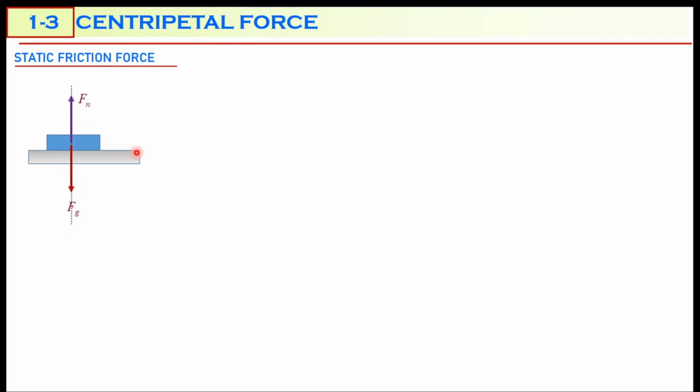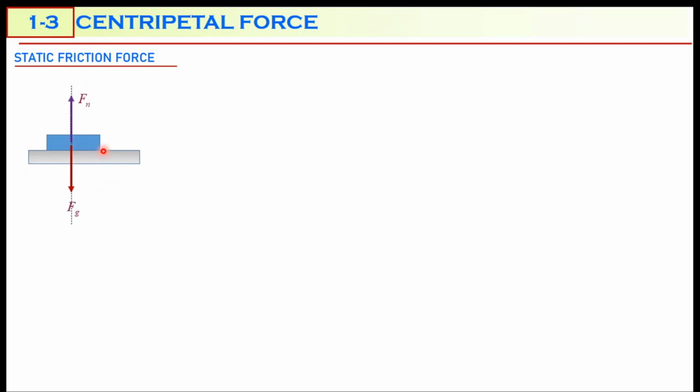The second force is the normal force, because the surface on which the object rests applies a reaction force, and this reaction force is called normal force. These two forces, the normal force and Fg, always act on an object which is on a surface. The contact surface here is horizontal, and the normal force will be vertical.